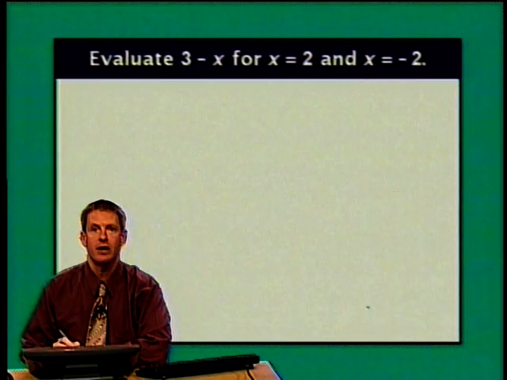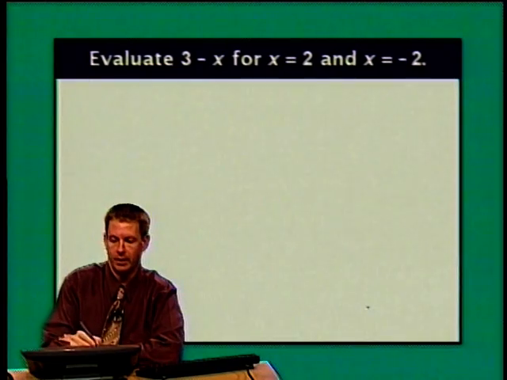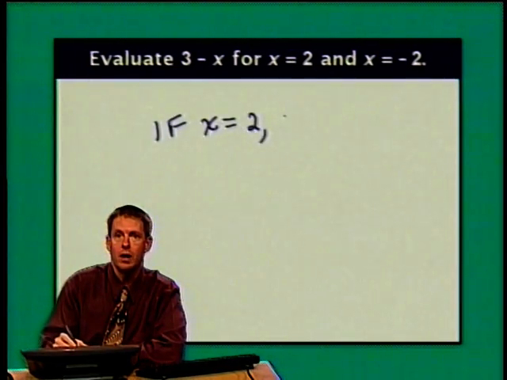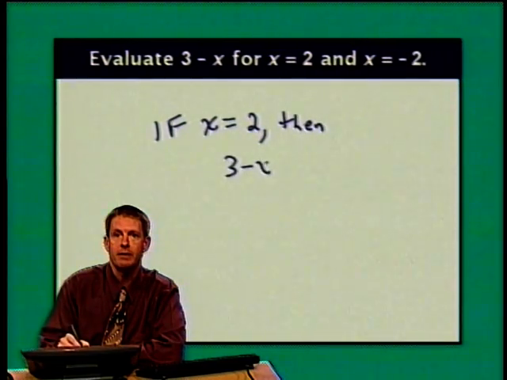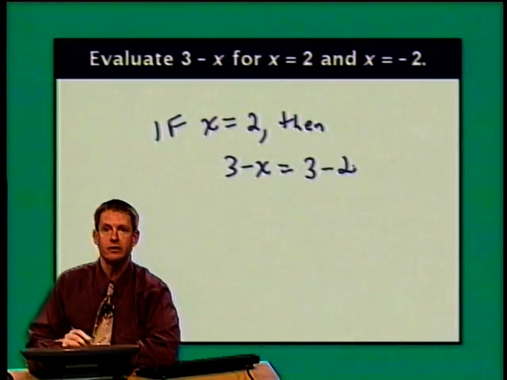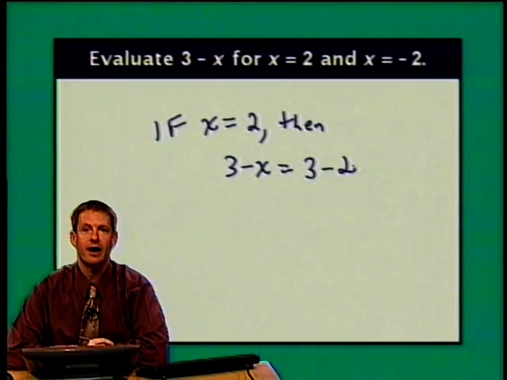Let's see another example. Let's evaluate the expression 3 minus x for x equals 2 and x equals negative 2. If x equals 2, then the expression 3 minus x equals 3 minus 2. Notice this time I did not write the 2 in parentheses.